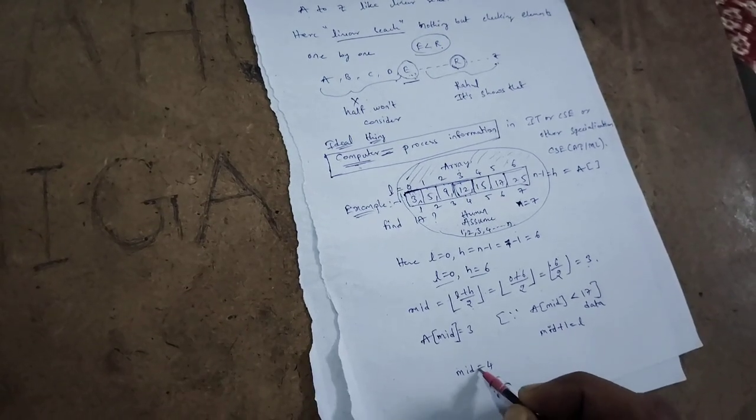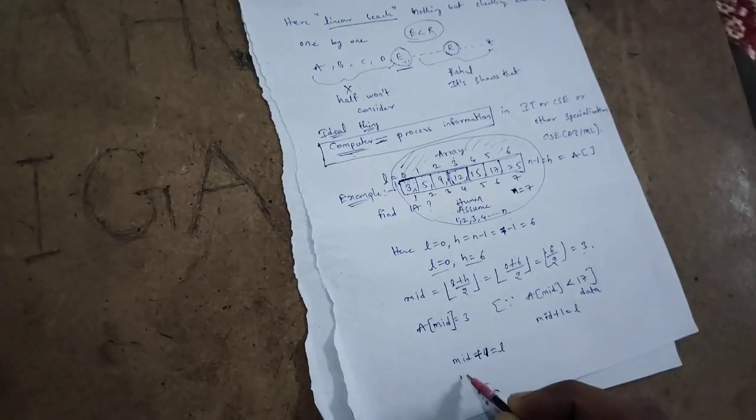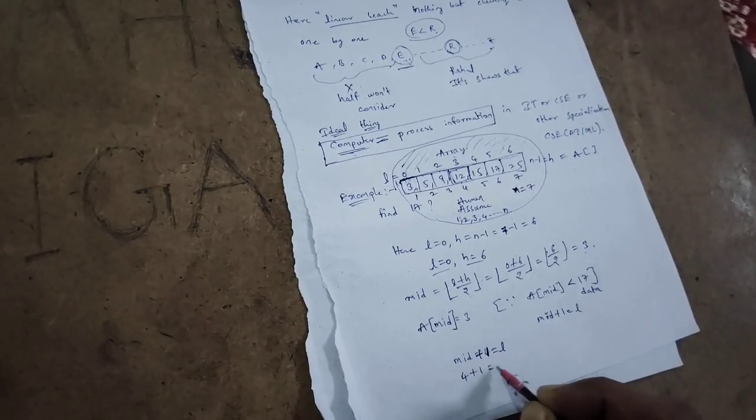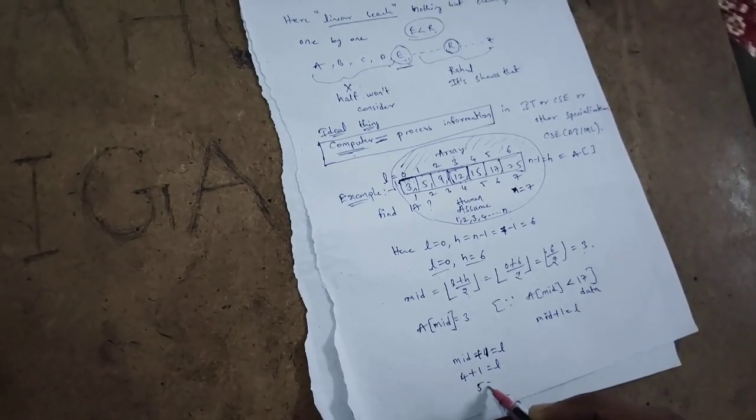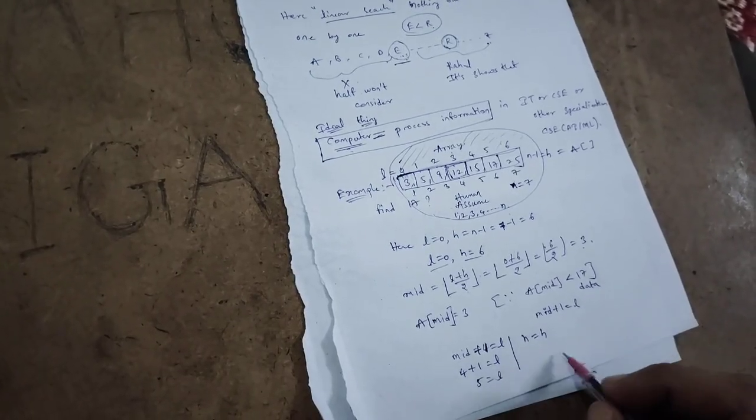Sorry, mid plus 1 equals L, so mid equals 4, plus 1, so 5 equals L, and H stays as it is.